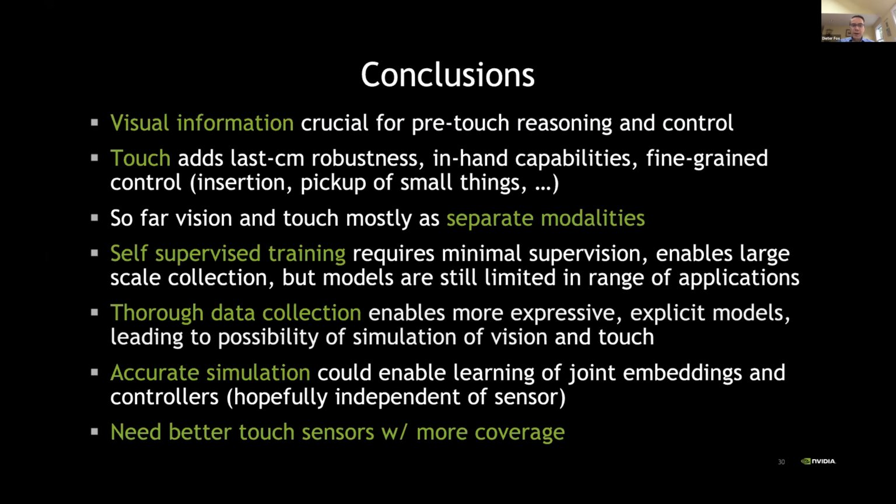I also showed that with thorough data collection, where you put a lot of modeling effort into the data collection process itself, we can learn more expressive models, which can then also lead to good simulation models.